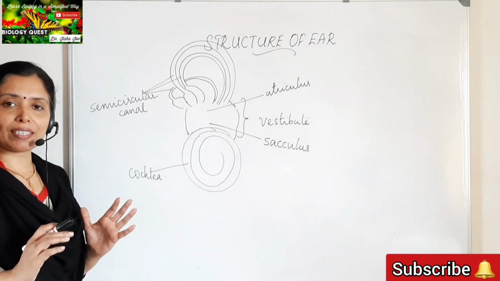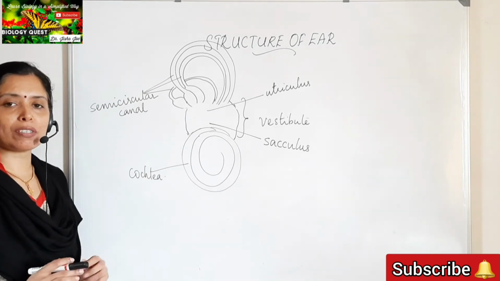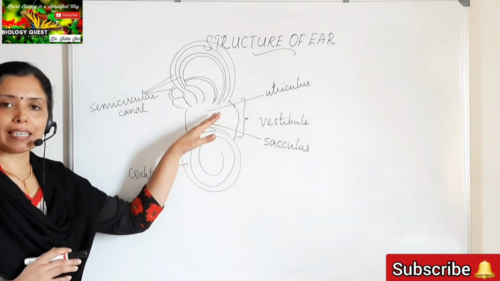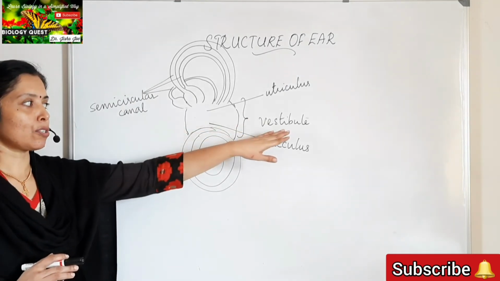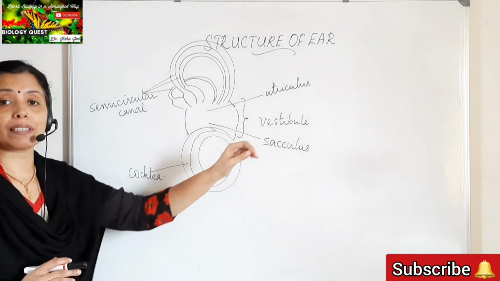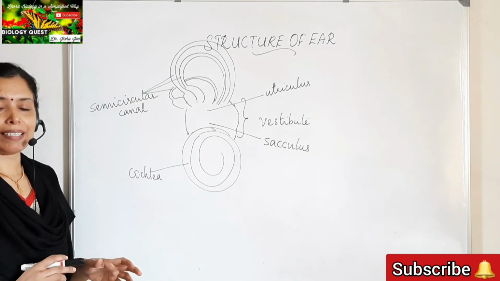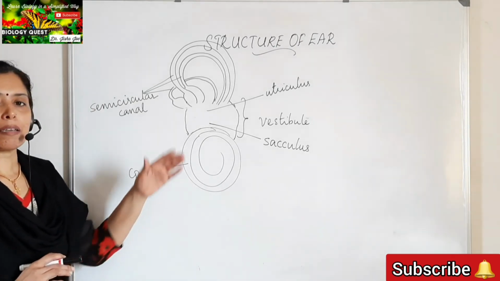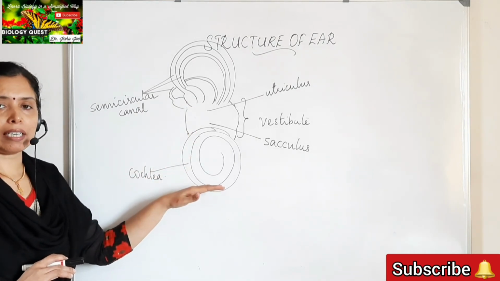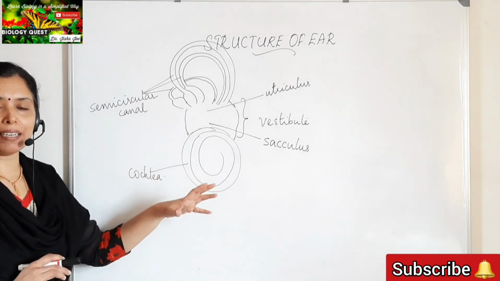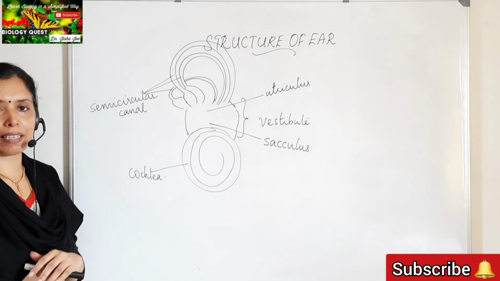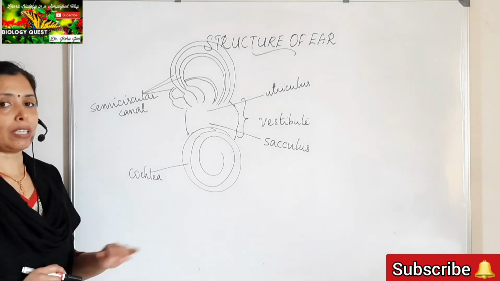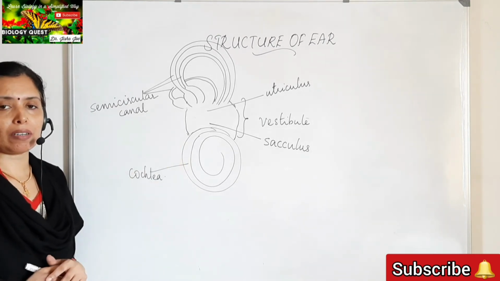We are able to stand without falling because of the sensory cells present in the utriculus and sacculus, that is, the sensory cells present in the vestibule, the short stem between the semicircular canal and the cochlea, which provides static balancing. Okay, so that is with regard to the cochlea and the semicircular canal.